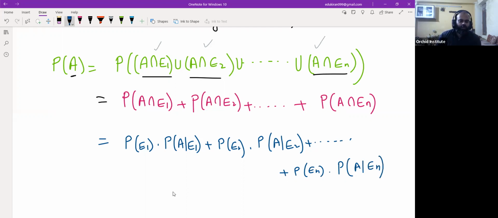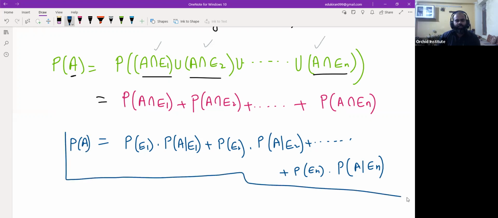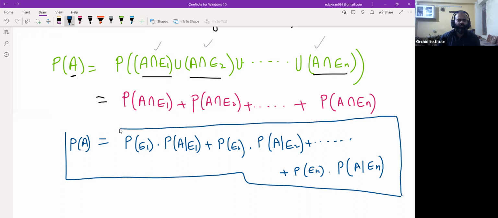So this is the probability of A. So the probability of A can be written like this. This is called total probability theorem. This expression here is total probability theorem. Sometimes questions come from total probability theorem also, and mainly its use is in Bayes theorem, which we will study.